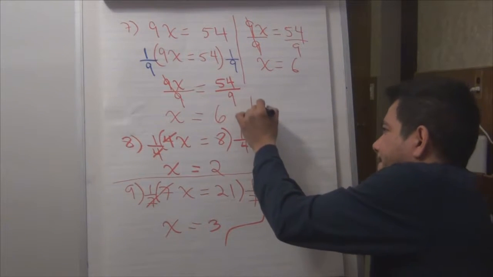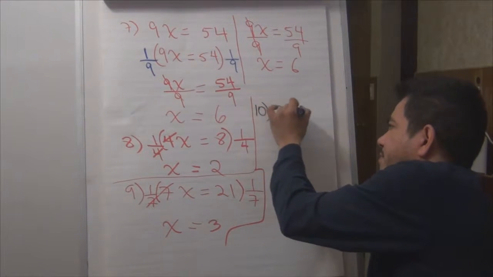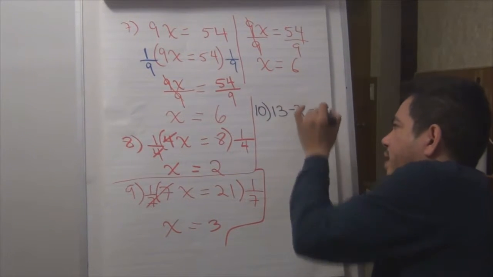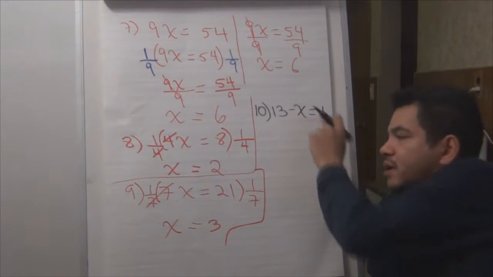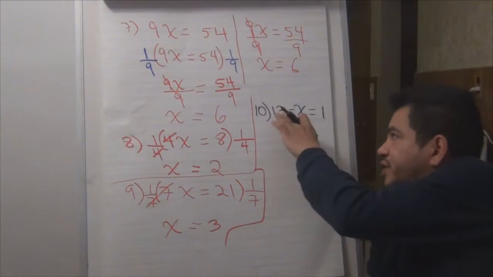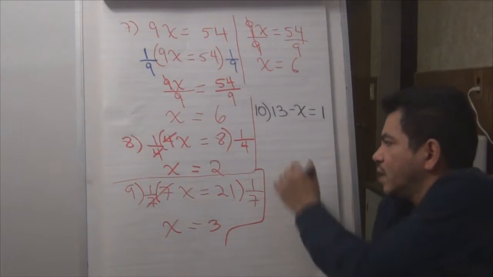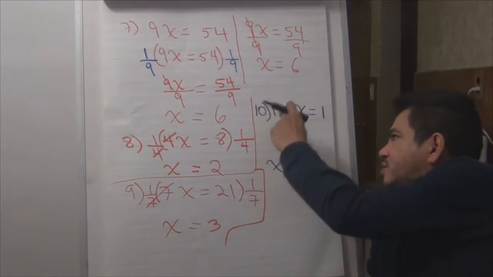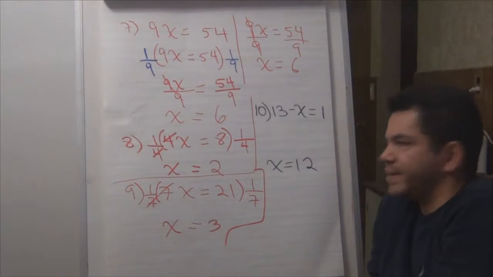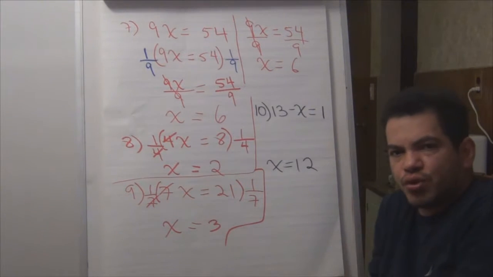So number 10. 13 minus x equals 1. A number minus something, 13 minus something is 1. We know that x is going to be 12 because 13 minus 12 is 1. But that's not what I need you to do.